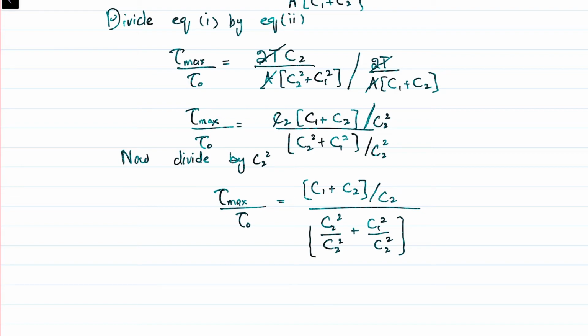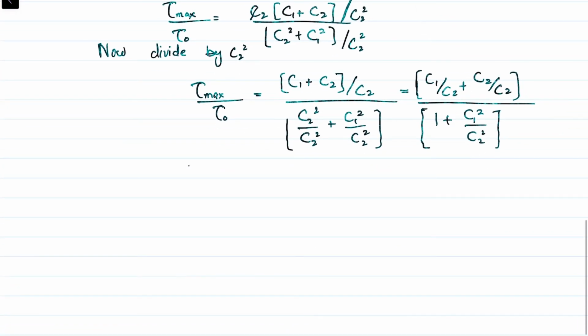So if I simplify it, it will be C1 over C2 plus C2 over C2, and the below one will be equal to 1 plus C1 square over C2 square.